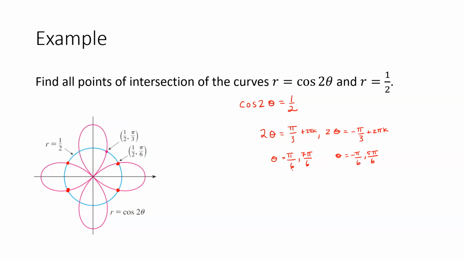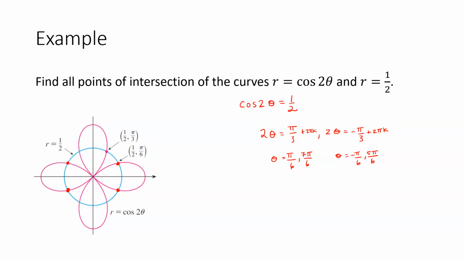Okay. In addition, we have some other points here that we didn't get, because those are going to occur at angles that are bigger than these ones. So we have to kind of keep going around. So for instance, here this was just from 0 to pi over 6, and then as we're curving down here, we'll get a negative value for r.